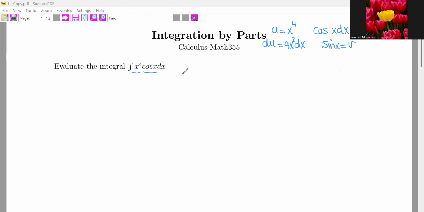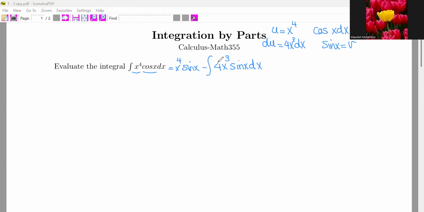Okay, so following this, you would have uv, following the formula of integration by parts, that would be x to the 4 sine of x minus the integral of v du. So 4x cubed sine of x dx.